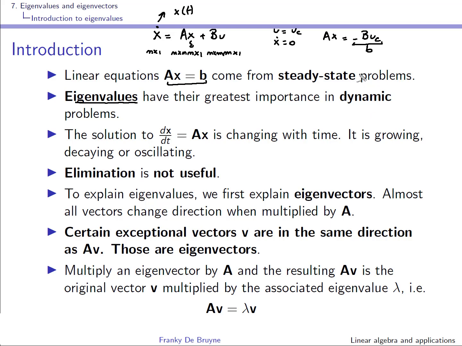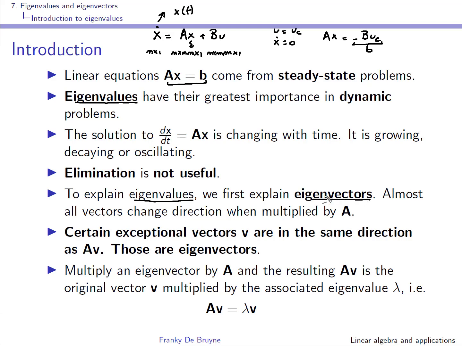It's useful for the steady state problem, but not to describe the dynamics, and we'll be using eigenvalues and eigenvectors. Well, it's easier to explain eigenvalues by starting with the eigenvectors.